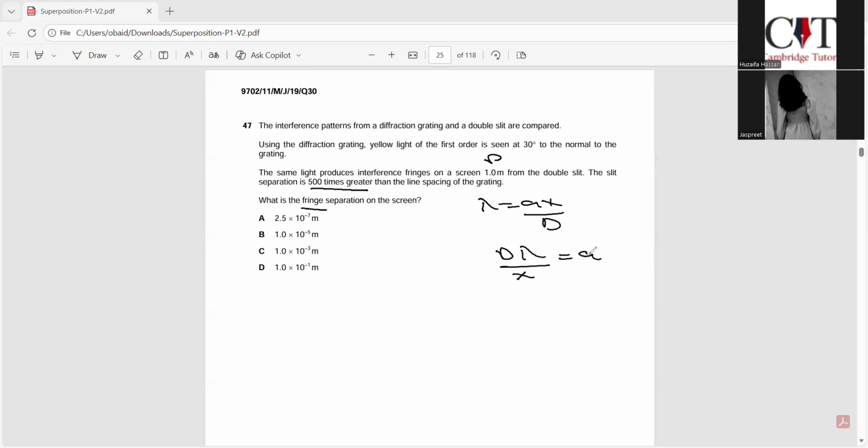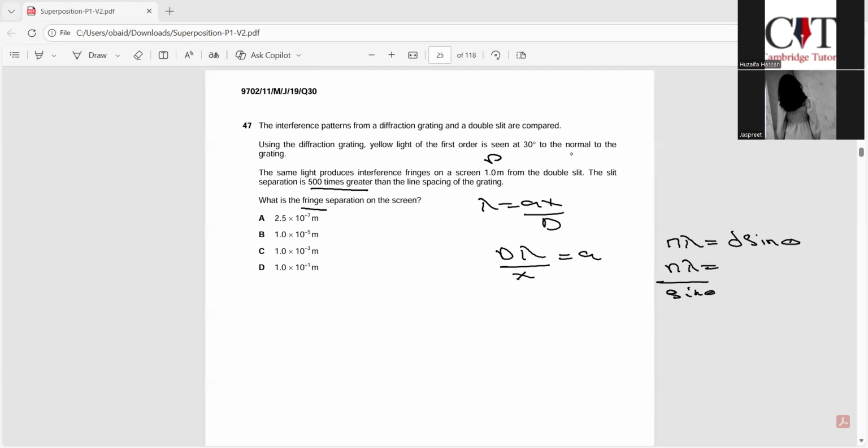So if I substitute it by d, which is n lambda equals d sine theta, if we make d the subject, d will be n lambda over sine theta.